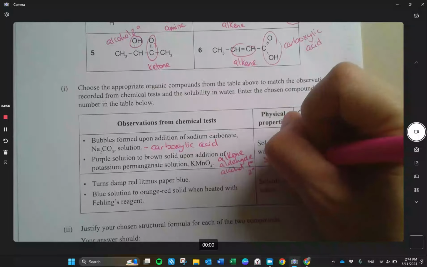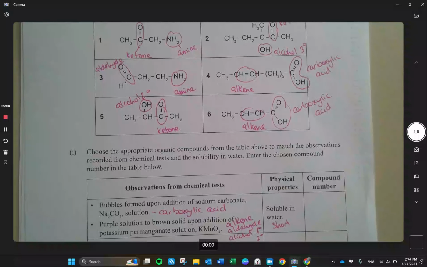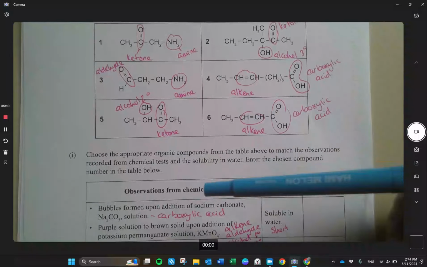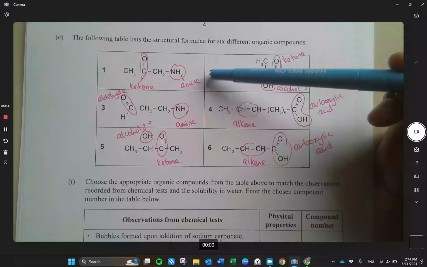Okay? So what I'm going to be looking through is I'm going to go through 1 through 6, and what I'm looking for is which one fits all those categories. So first one here, number 1, no carboxylic acid here. So that rules out number 1.